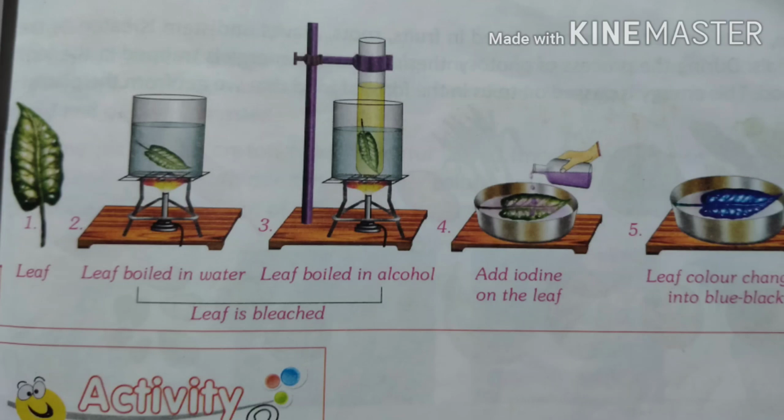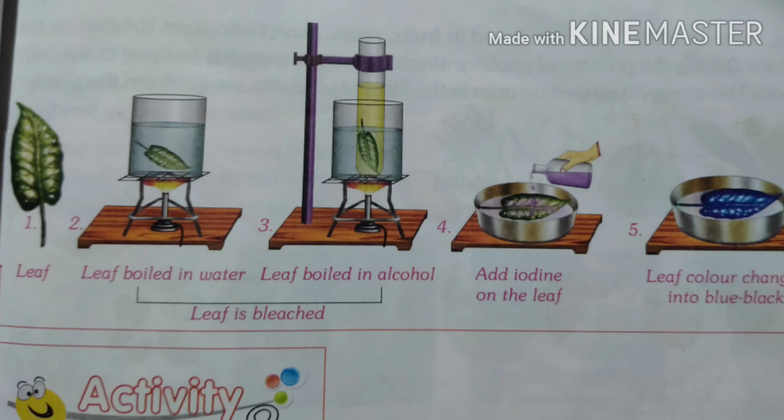So firstly we draw its outline on a sheet of paper. Mark the green and non-green areas. Okay. Now boil the leaf first in water and then in alcohol. Firstly boil in water, then in alcohol.